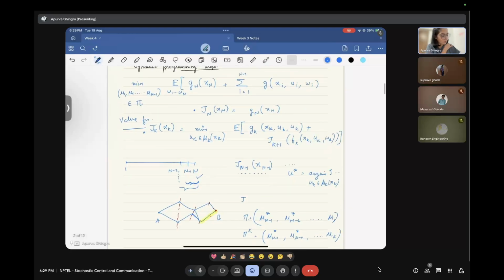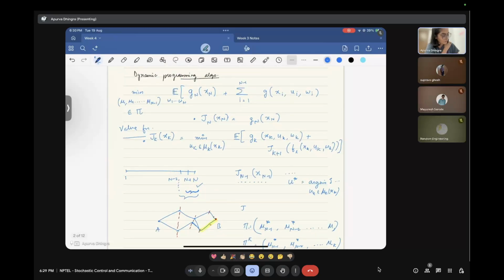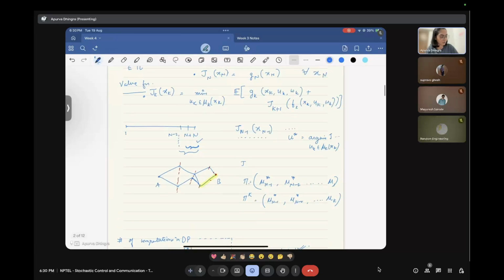So recall what we are supposed to do. Step number 1, we find out what happens at Jn, the value function at the last time step at the terminal state. By the way, there is no restriction. This can be for any terminal state, in fact for all terminal states. Now, why does this work?